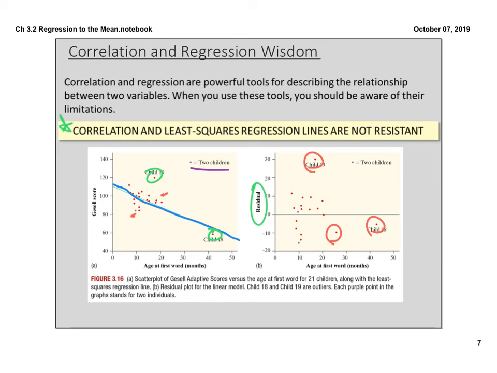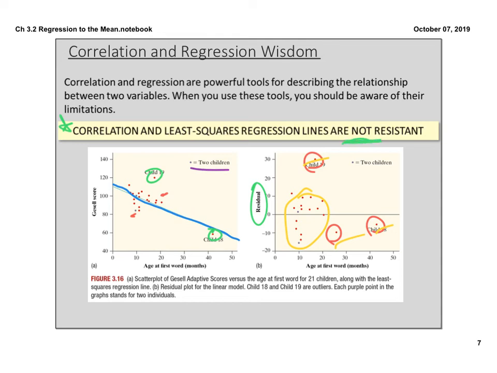You see a really big cluster of data, and then you see some other things. So I would argue that this is maybe not the most accurate way to look at this data set because of those outliers. Those outliers make it hard to create a prediction line for that data set. So that's why we say that correlation and LSRL are not resistant.